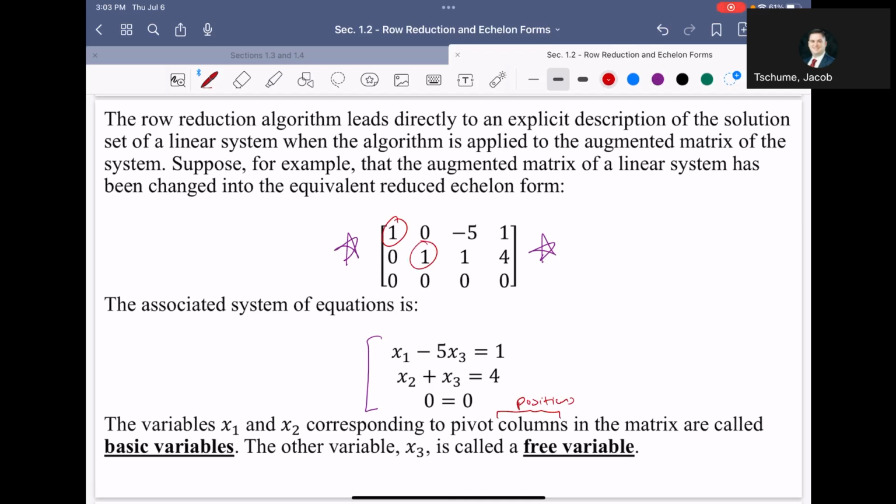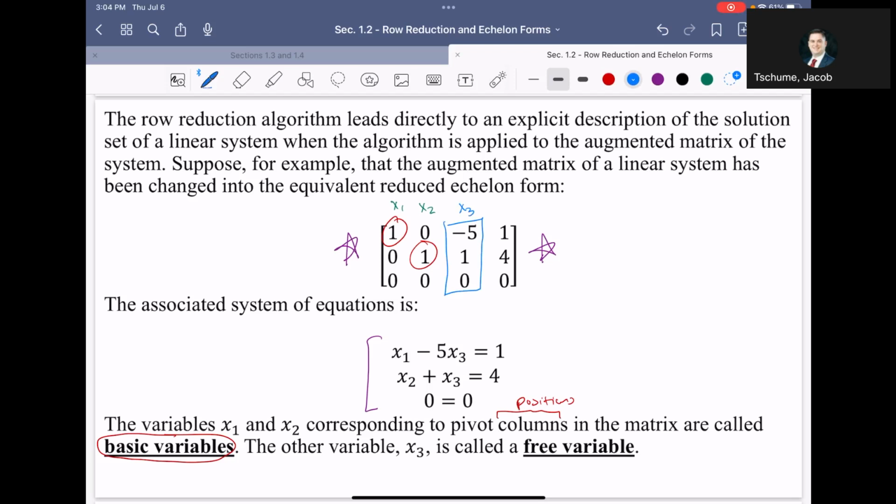So if you'll look, the column that represents x1 and the column that represents x2 have pivot positions in them. So we can call those two variables basic variables, which means you are able to solve for them. The one variable that you don't circle, in blue here, x3, does not have a pivot position anywhere.